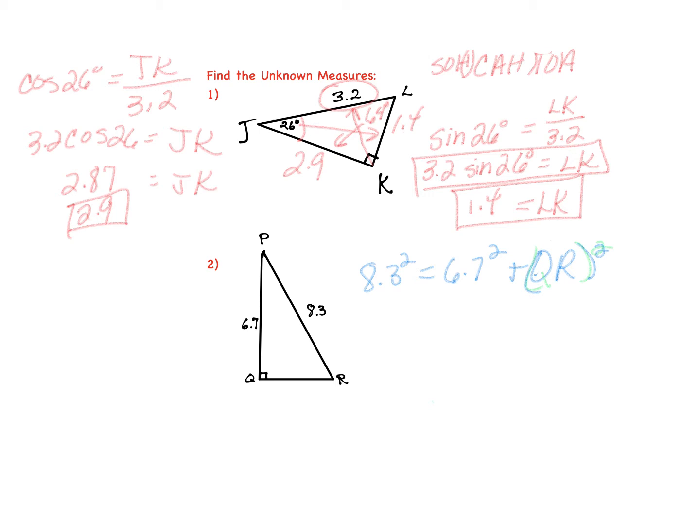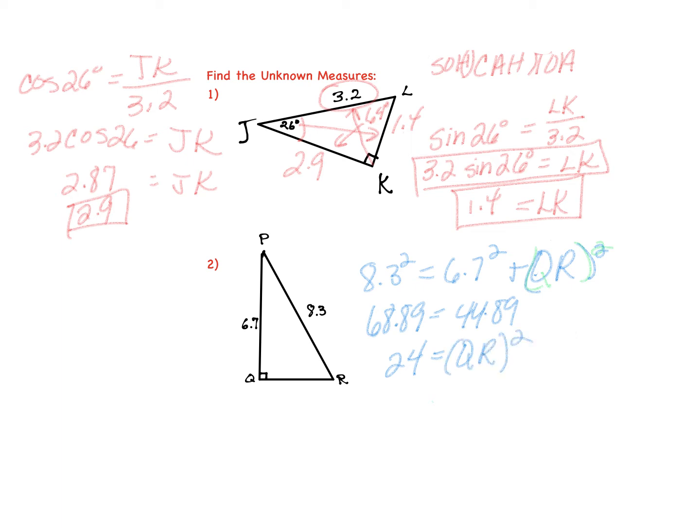All right, so plus QR squared. Again, so into the calculator, so that is 68.89, and then that is... so I get 24 equals QR squared.